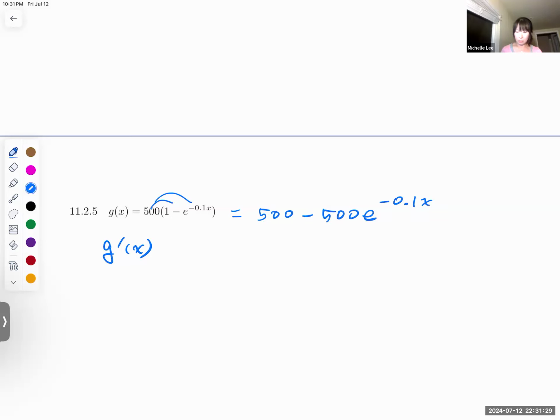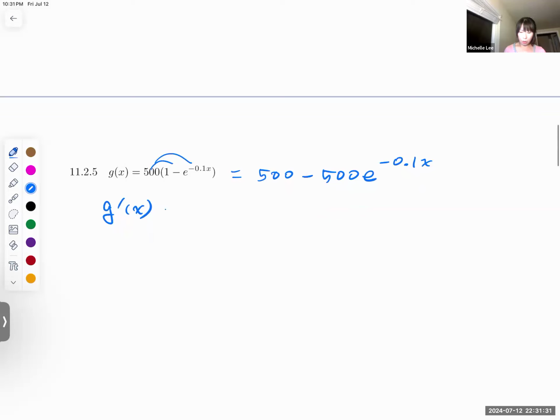Now the derivative of the first term is 0. For the second term, we keep the coefficient and drop the power, and then we have e to the negative 0.1x.